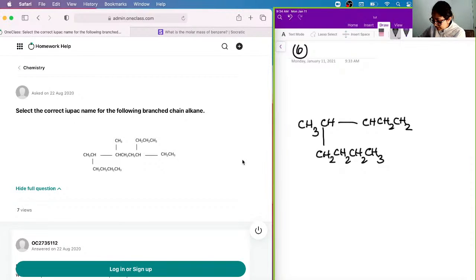Since it mentioned an alkane, we don't have double bonds or triple bonds. And we have CH3, CH2, CH2, CH, and CH.